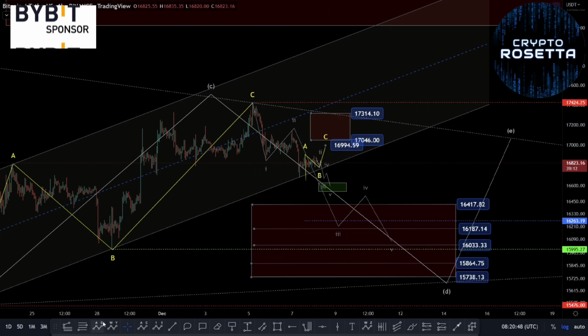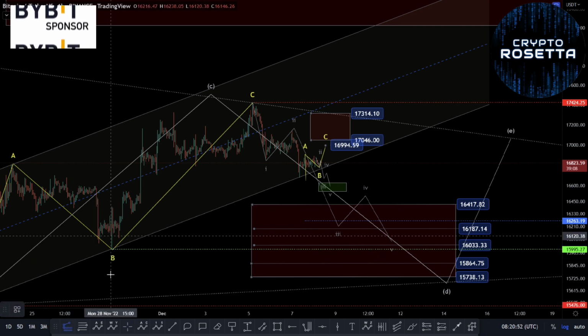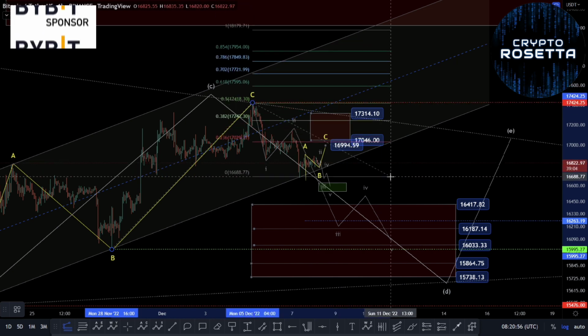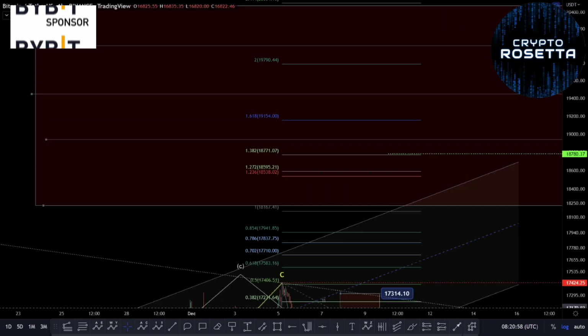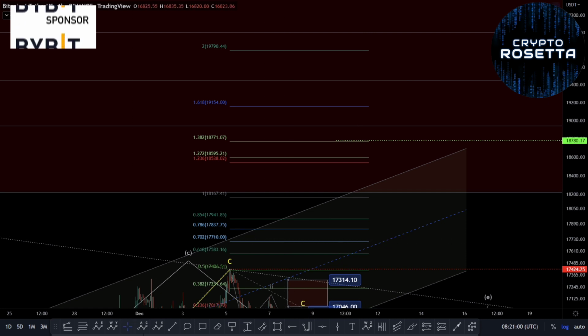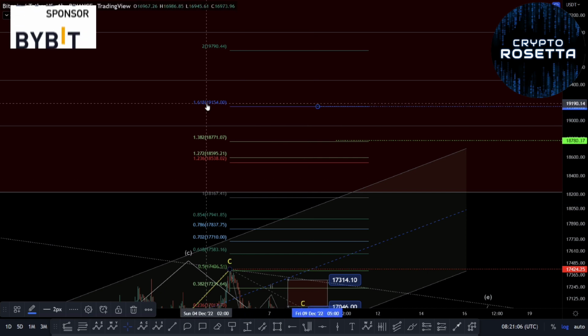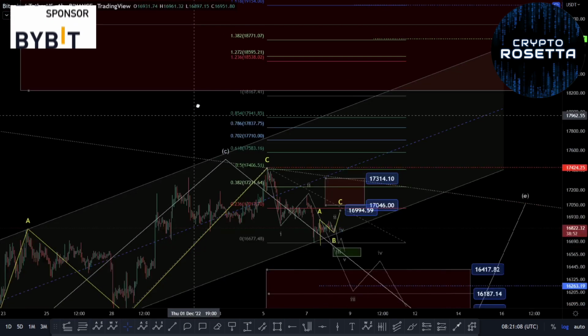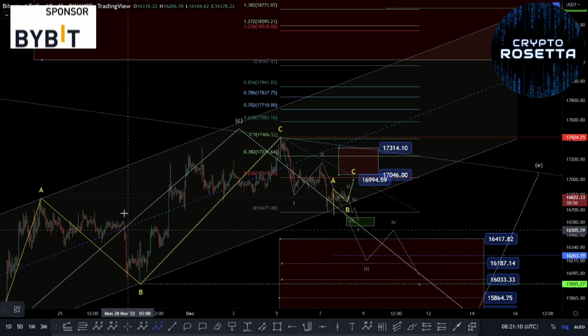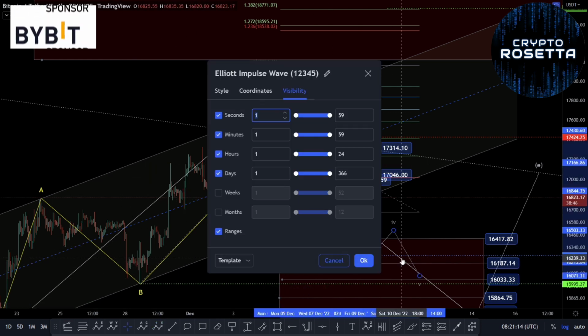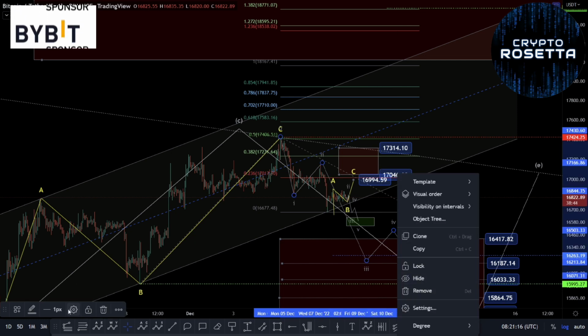But if we just project this out, so if I just put this up onto here, the current impulsive trigger off of the low on the bottom of that channel is this 19,154. And what we're looking for there is the potential that, let me actually just change this so it's easier to see.